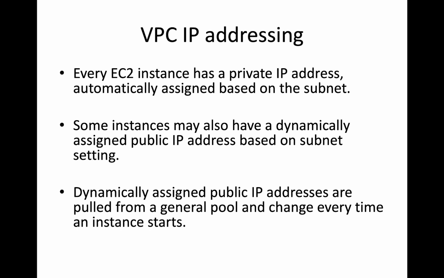If you restart that instance again, start it back up, it will then be given a new public IP address. The key point here is that dynamic public IP address can change over time as you start and stop that EC2 instance. The private IP address will remain the same. If you stop the instance and start it again, it will still have the same private IP address, but the public one can change every single time the instance starts.